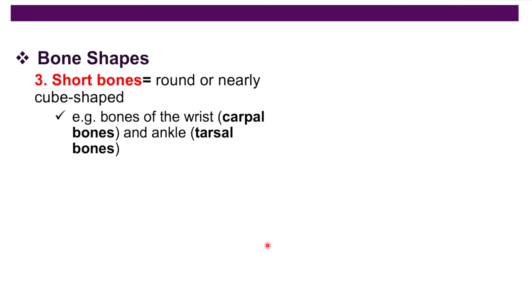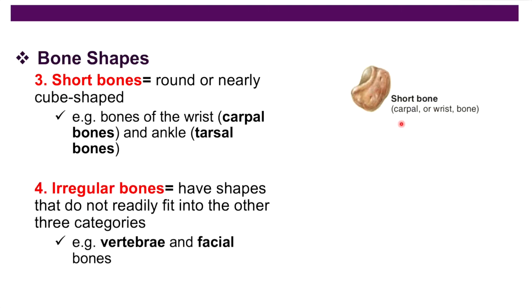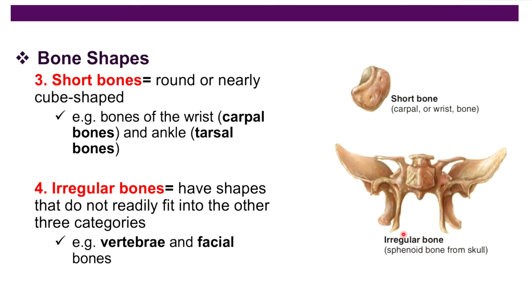Short bones are round or nearly cube-shaped, as exemplified by the bones of the wrist or carpal bones and ankle, or tarsal bones, while irregular bones, such as the vertebrae and facial bones, have shapes that do not readily fit into the other three categories.